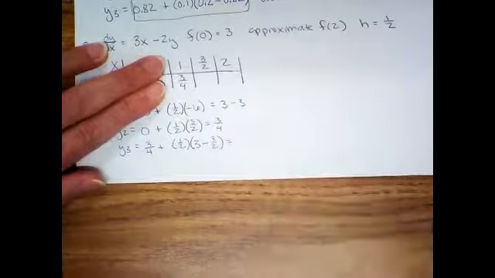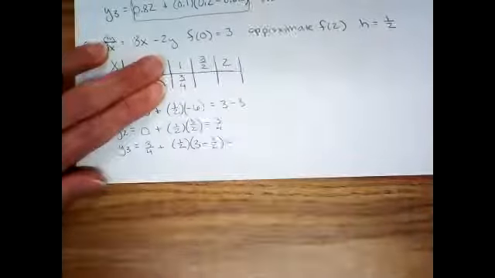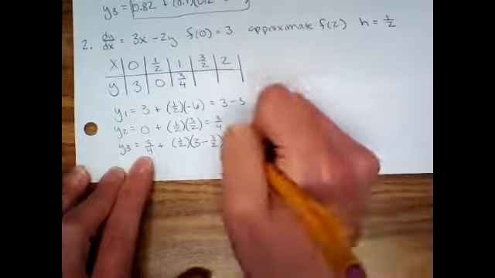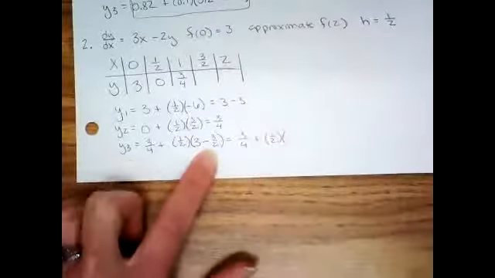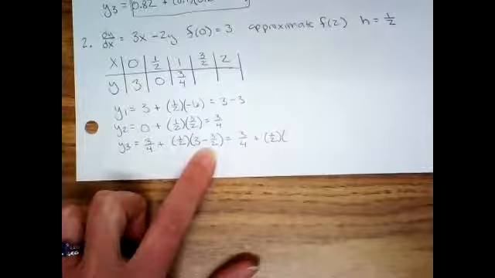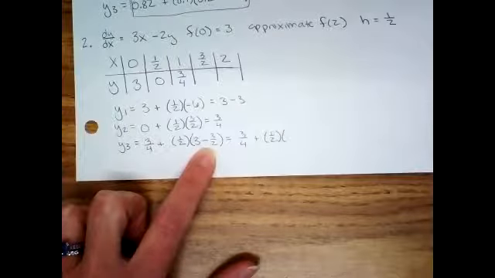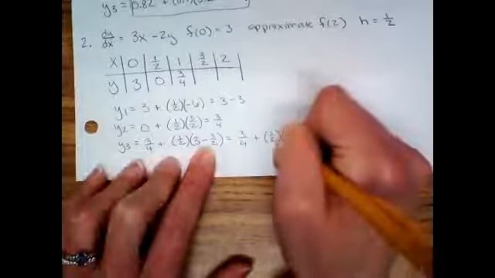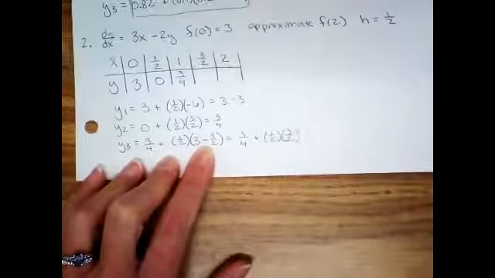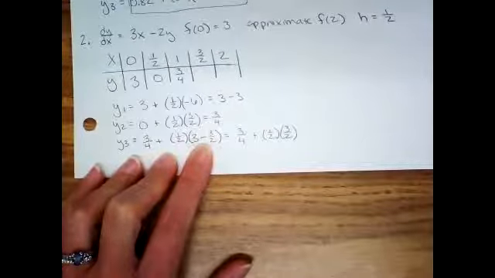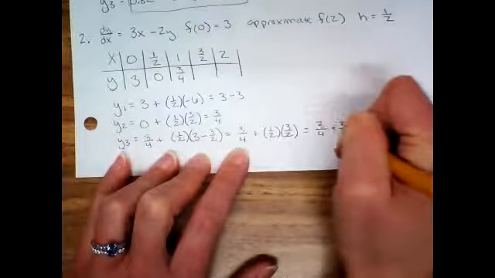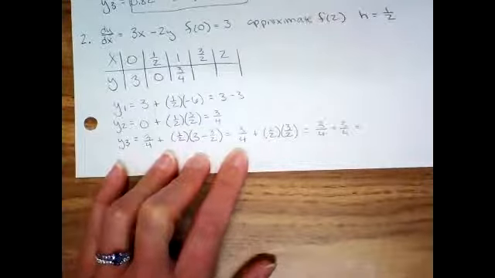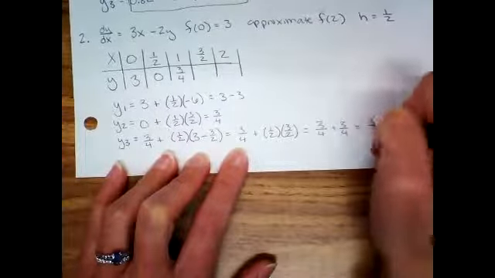Do some of it in your head, but at a certain point you can't hold that many numbers in there, so just go ahead and write it down. So 3/4 plus a half times 3 minus 3 halves. 3 minus 1.5 would be 1.5, so that would just be 3 halves. So this is 3/4 plus 3/4, which would be 6/4, which is 3 halves.